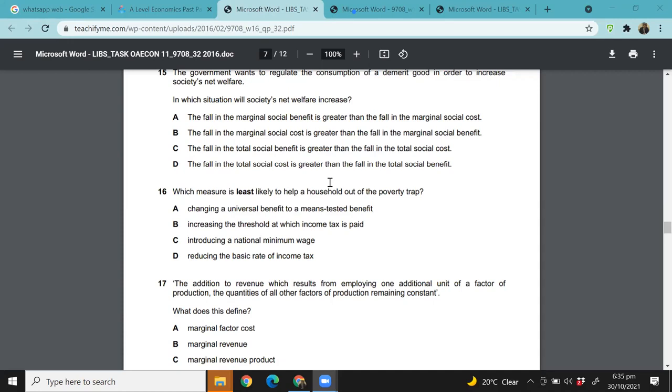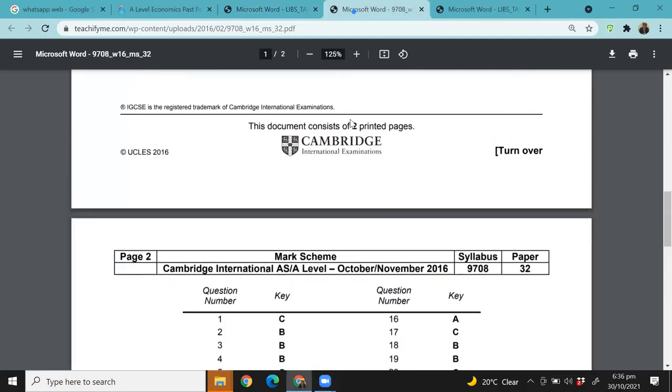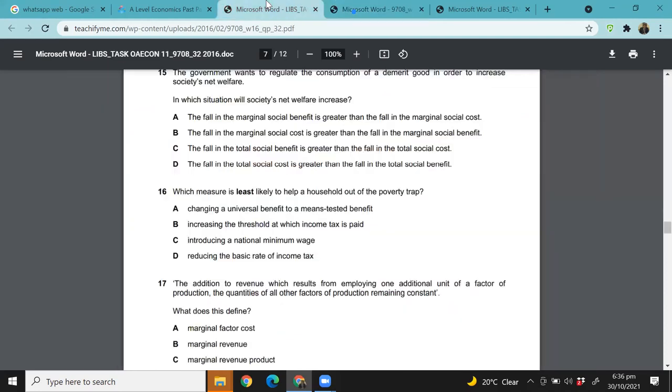Which measure is least likely to help a household out of the poverty trap? I personally think it should be A. I'm not sure, so let's check. 16 is A. Okay, let me give you the reasoning for that.